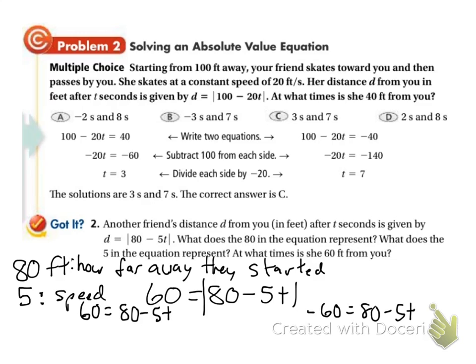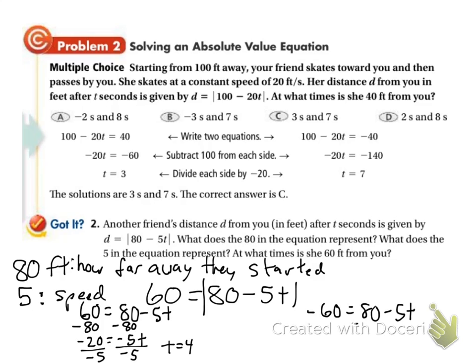So I'm always going to set up 2 equations. When I set up those 2 equations, I make one of them positive and I make one of them negative, and I drop my absolute value bars. And then I can solve it. So I'll subtract 80 from both sides over here, and I get negative 20 is equal to negative 5t. Then I divide by negative 5, and I get t is equal to 4.